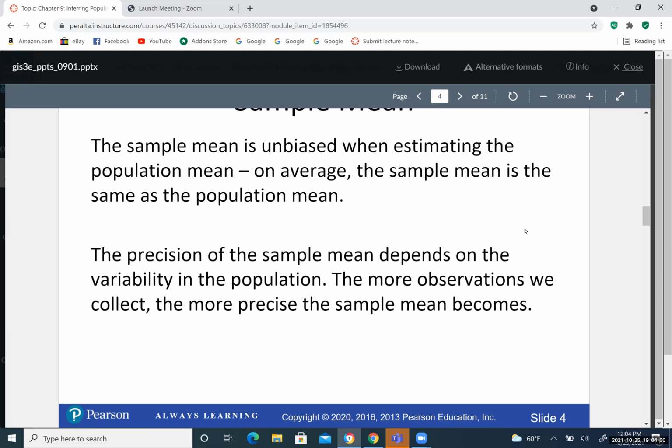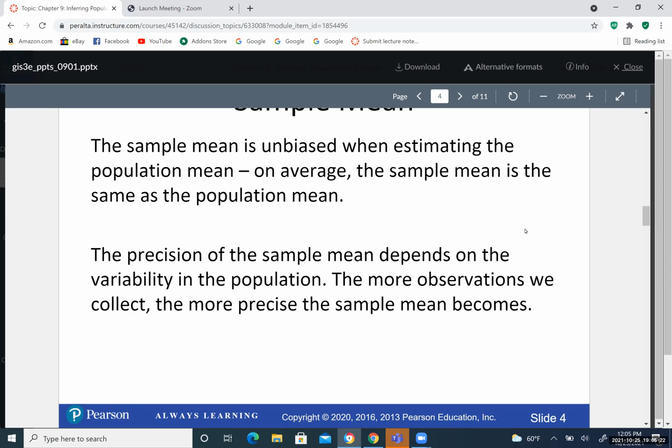The precision of the sample mean depends on the variability in the population. Variability here is talking about the standard deviation, how spread out the data is based on the graph, based on the data they've given us. Usually for this introduction class, they provide us the graph to look at and estimate from.